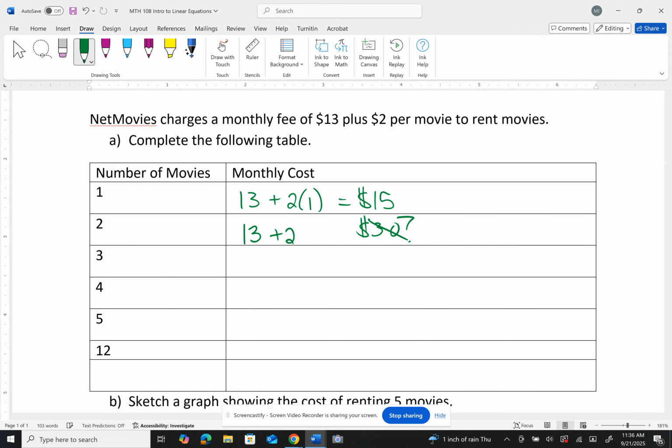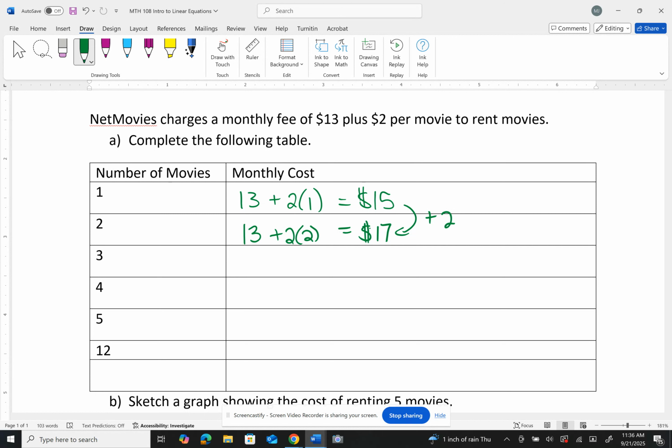Then you would just owe $2 for each of those movies that you rented. So it wouldn't turn out to be $30. You'd wind up owing 13 plus 4, which is $17. So the cost didn't double, the cost just went up by $2 for that extra movie.